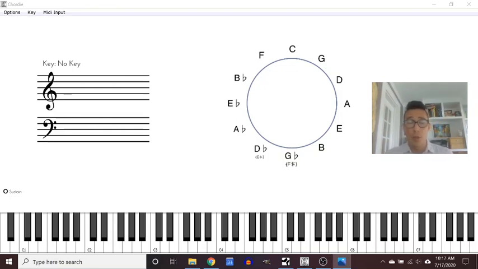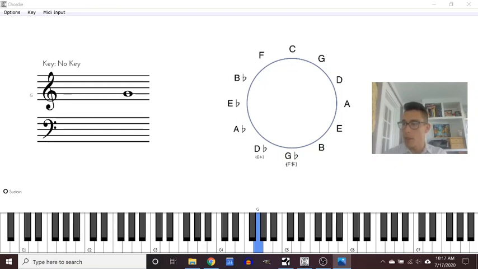I'm sure a lot of you have learned this as the circle of fifths as well, because if you notice this pattern, and we talked about interval inversions last time, if you reverse that perfect fourth and go the opposite direction, to invert your interval, you'll end up with a perfect fifth. So if we go from C to G, moving in this clockwise direction, it's called the circle of fifths.